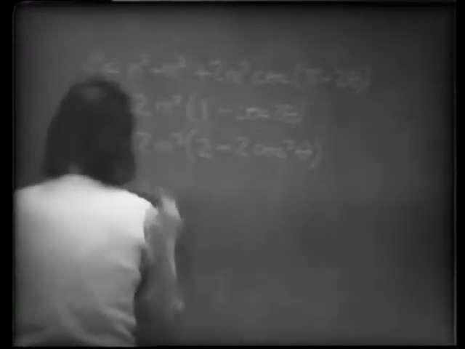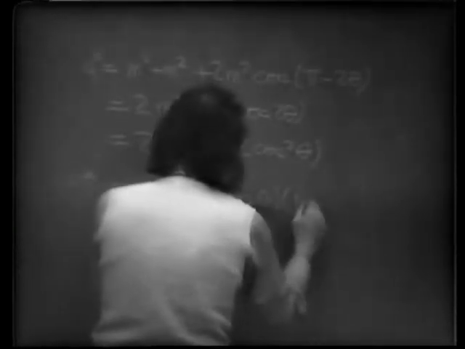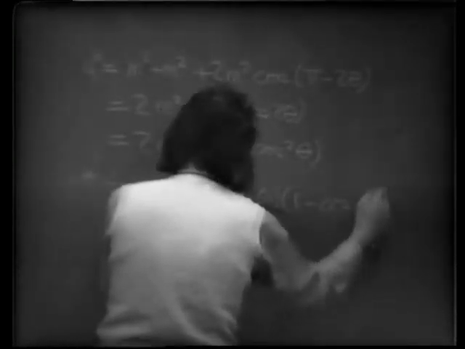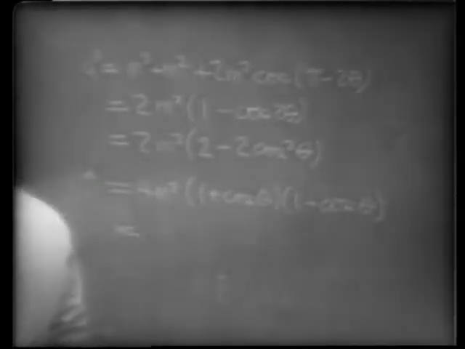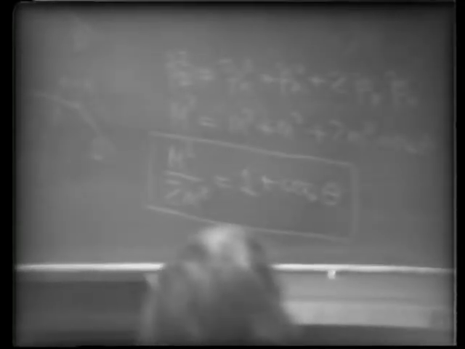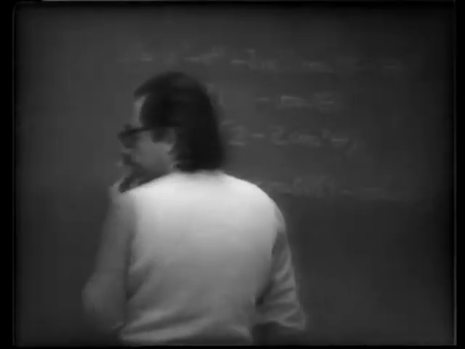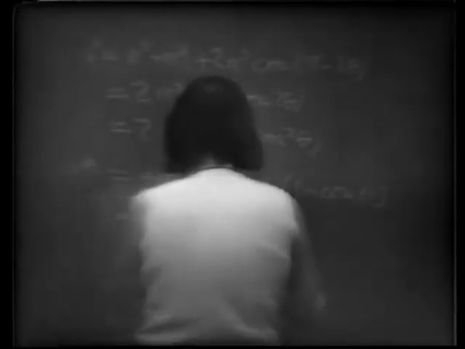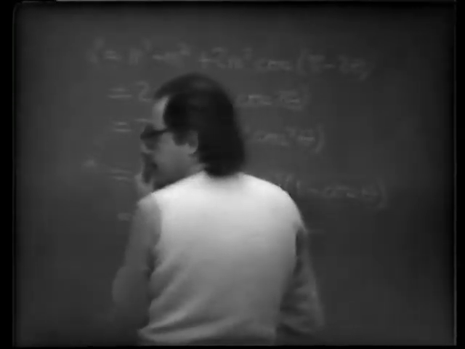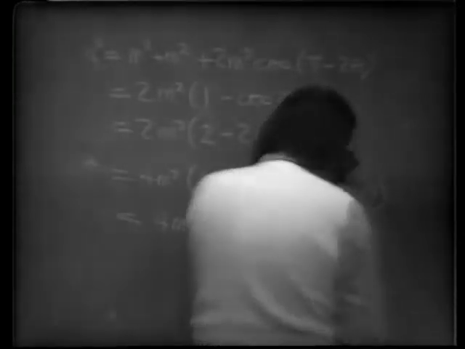Equals 4m squared, 1 plus cosine theta, 1 minus cosine theta, equals, well, now I've got it all: 4m squared, 1 plus cosine theta is M squared over 2m squared, and 1 minus cosine theta is 2 minus 1 plus cosine theta, 2 minus M squared over 2m squared.